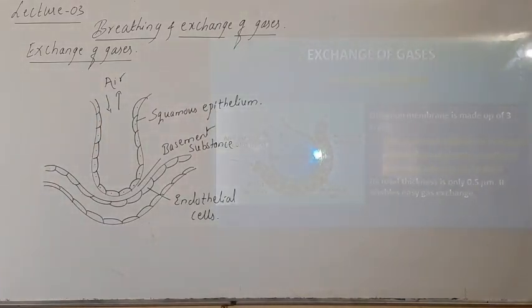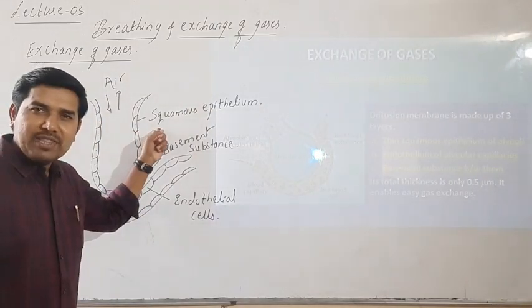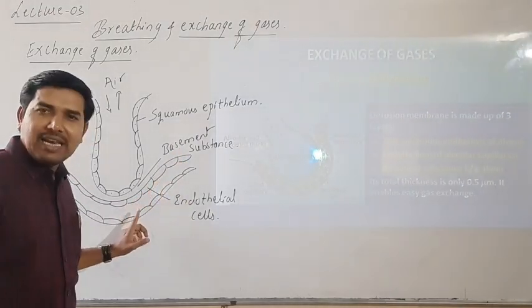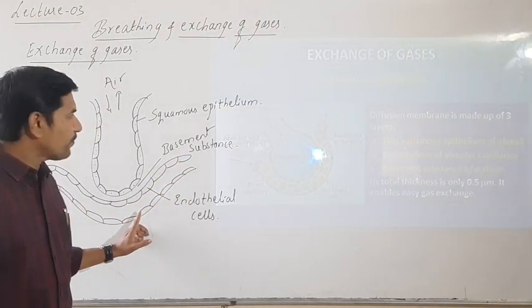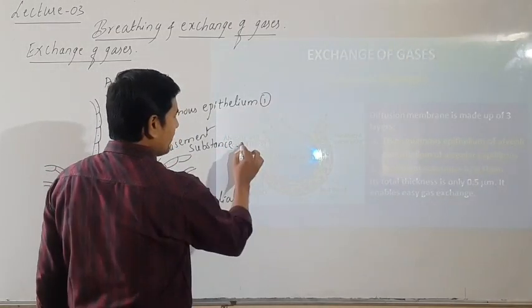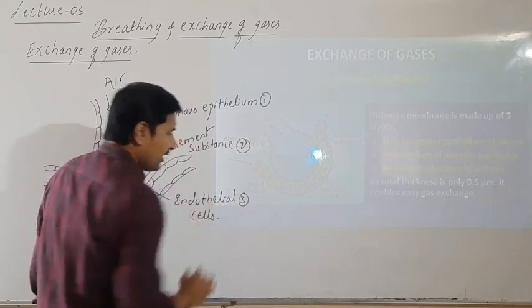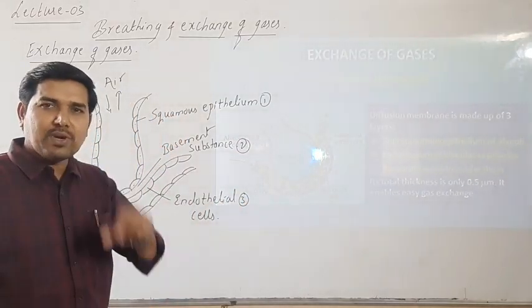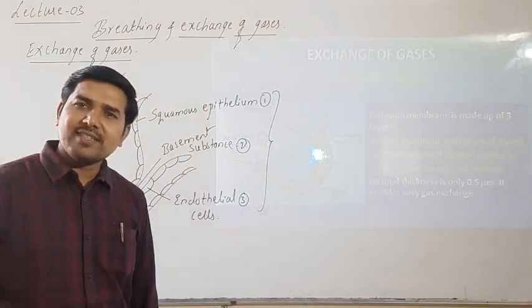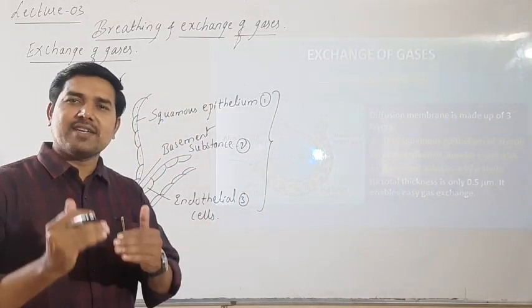Look at this. Now we have squamous epithelium, basement membrane, and endothelial layer of blood capillaries. All these three together, this is 1, 2, and 3. All these three together, if we look at their thickness, it is less.